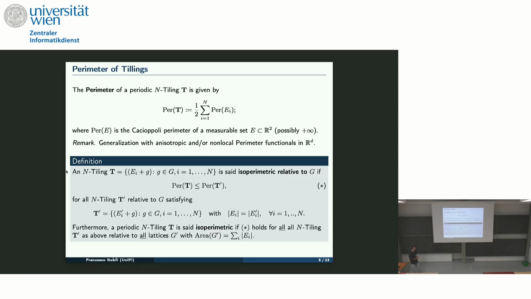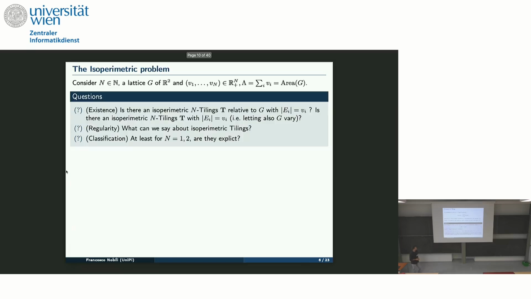And I will just say that T is isoperimetric, regardless of the lattice, essentially, if this property holds for any T prime and for any G prime, which is any other possible lattice, of course itself with an area constraint. So the competitor lattice G prime should have the area equal to the sum of the areas of the generators in order to have the correct amount of area to tile.